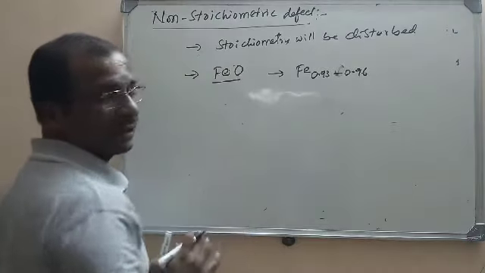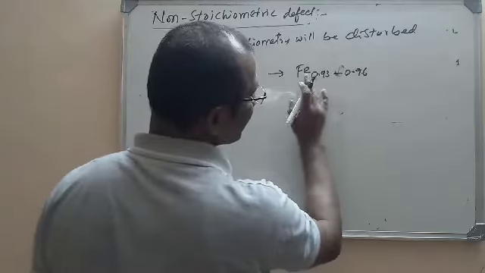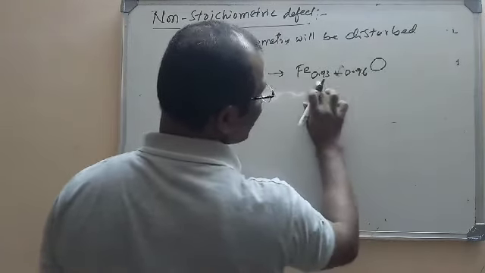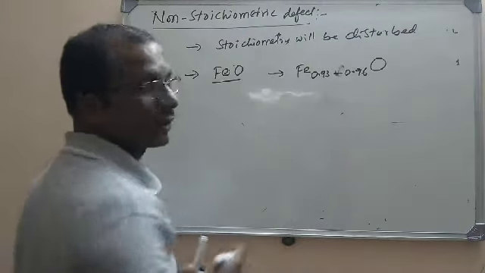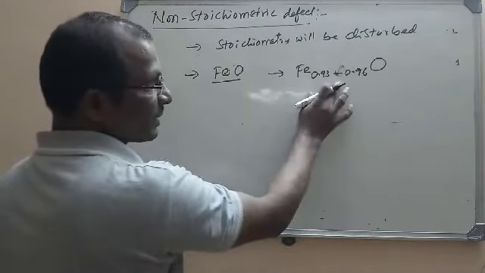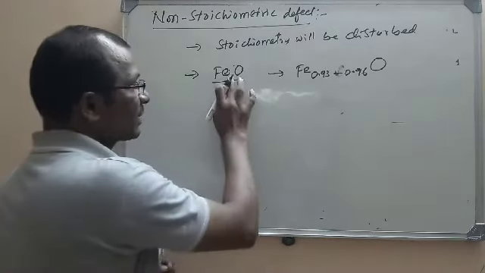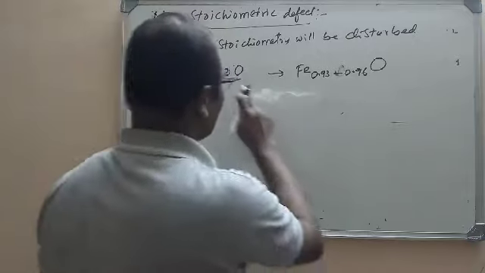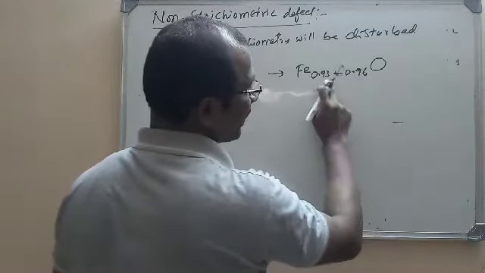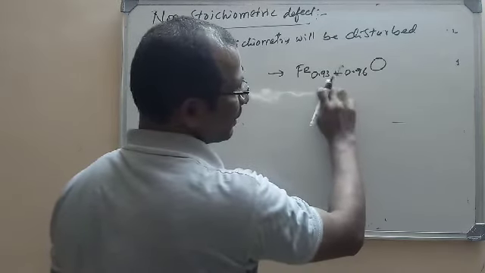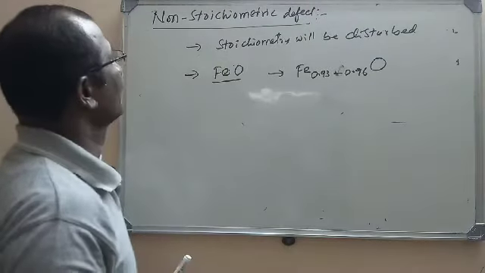One Fe should have one oxygen; that is the ratio. But due to the defect, one oxygen is having only 0.93 to 0.96 of iron, not even 1, less than 1. So the stoichiometry is disturbed. The correct stoichiometry is a 1:1 ratio, but here it is affected. It is not 1:1; it varies from 0.93 to 0.96 to 1 due to the non-stoichiometric defect.